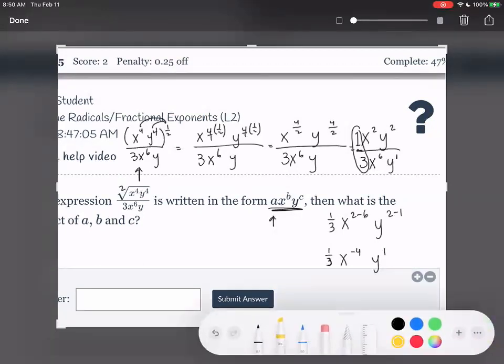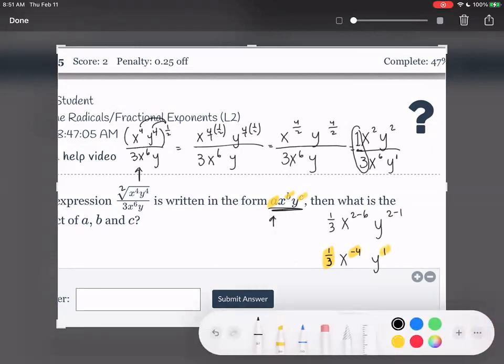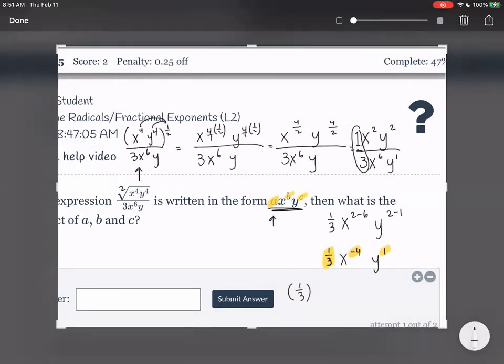Finally, to get our product of a, b, and c, remember a is the number in front, so that's 1/3. b is our exponent of x, so that's -4. c is our exponent of y, so that's 1. So those are the three numbers we're multiplying together: 1/3, -4, and 1.